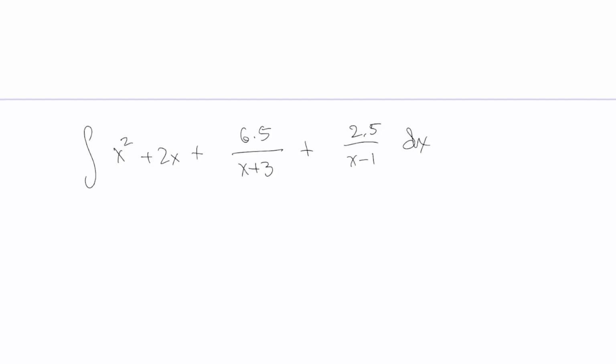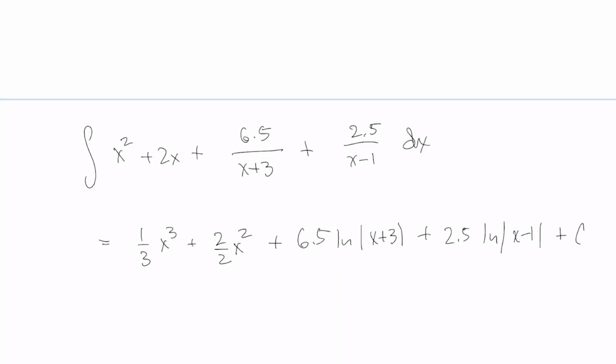The a, 6.5, is the one on top of x plus 3. And now we just do the integrals. The first two terms are ordinary power rule, 1/3 x cubed, and then 2 over 2x squared. And then the other two become natural logs. So it's 6.5 ln absolute value x plus 3, plus 2.5 ln absolute value x minus 1. That's that.